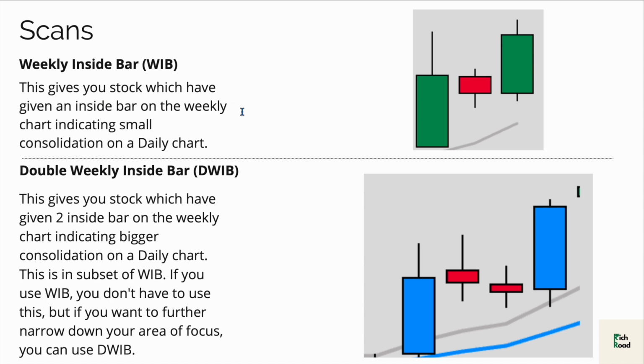So let's say you are someone who has time on their hands during the weekend, Saturday, Sunday. Don't use DWIB, use WIB because all the stocks will be there. Now let's say you are someone who is busy, or let's say there comes a week where you don't get time, you know, to go through scans, but you have some time. In that case you can go for DWIB because DWIB represents more consolidation and just a little better setups here.